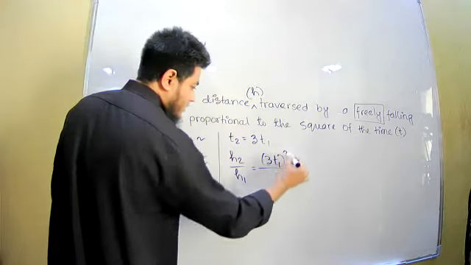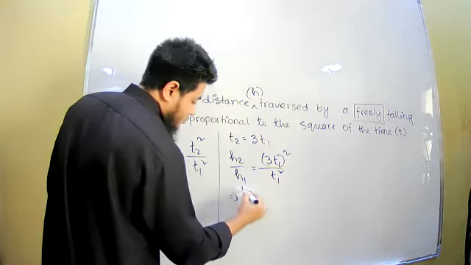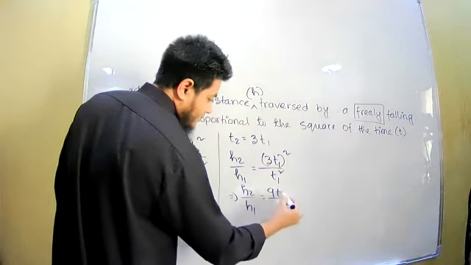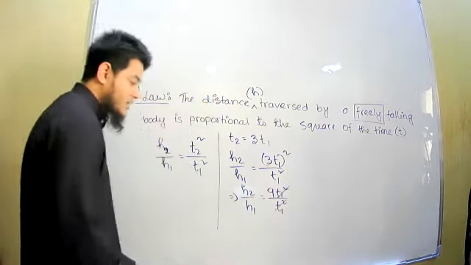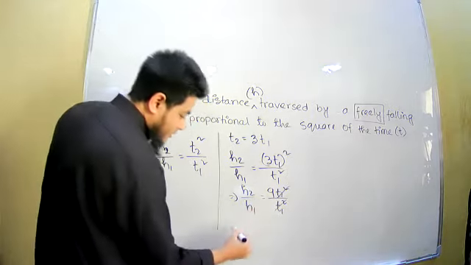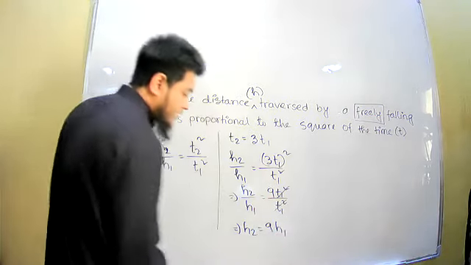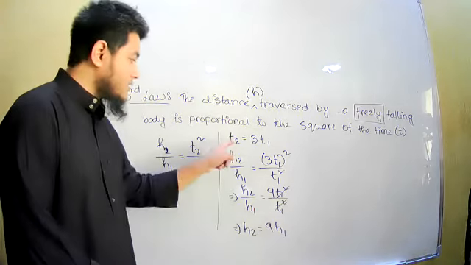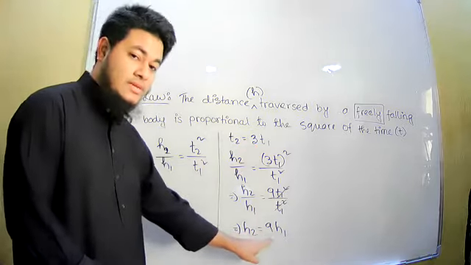So 3T1 whole square divided by T1 square. So H2 divided by H1 is equal to 9 T1 square divided by T1 square. So T1 square they will cancel each other. Now if you cross multiply, you will see that the new height is 9 times the previous height. That means when the time becomes 3 times, the covered distance becomes 9 times.